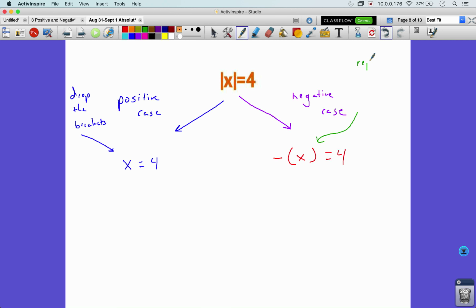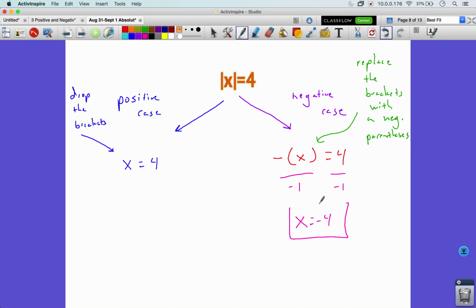We're going to replace the brackets with a negative parentheses. All right, and now this requires a little bit more solving. We need to divide both sides by -1. And we get x equals -4.